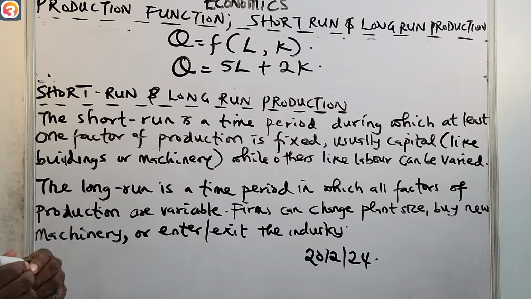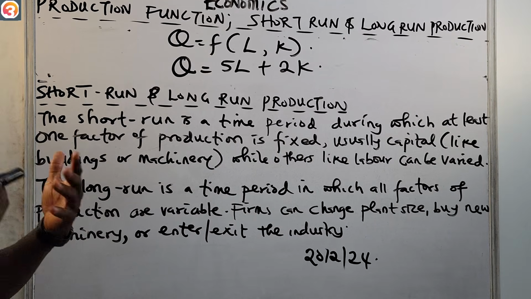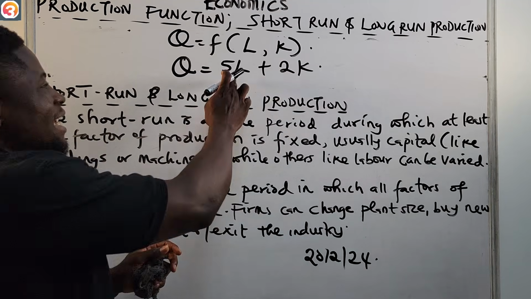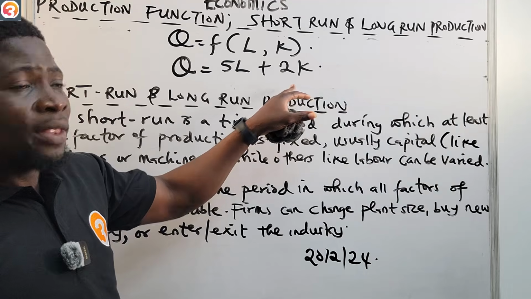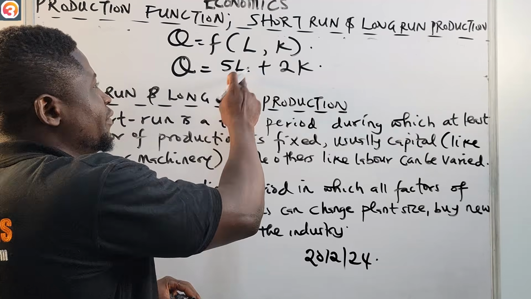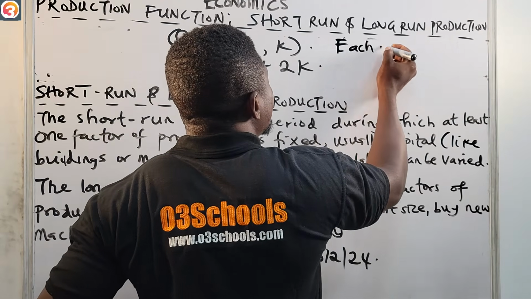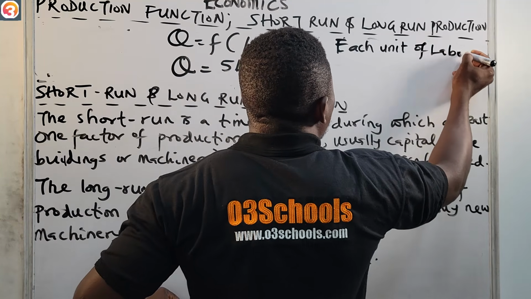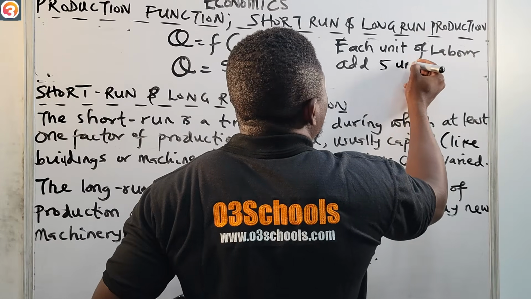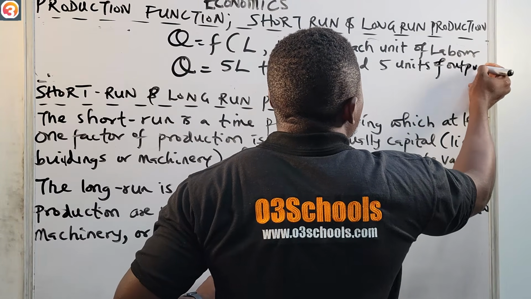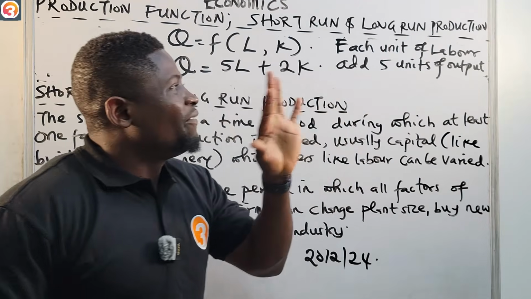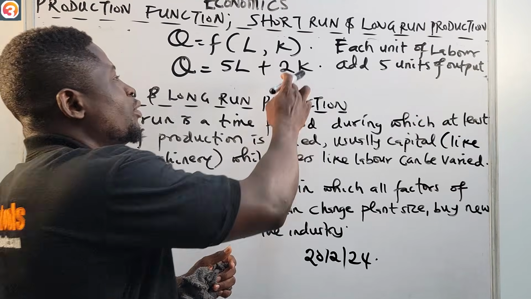If I give you this kind of production function, what does it signify? L means labor and K means capital. So you can translate it by saying that each unit of labor adds 5 units of output. It means each unit of labor adds 5 units of output. And what does it mean for the 2K?